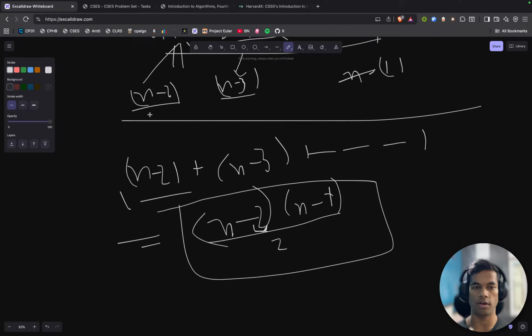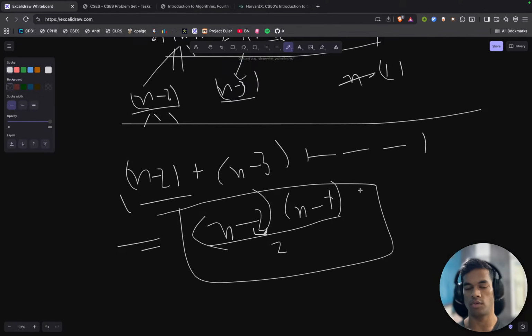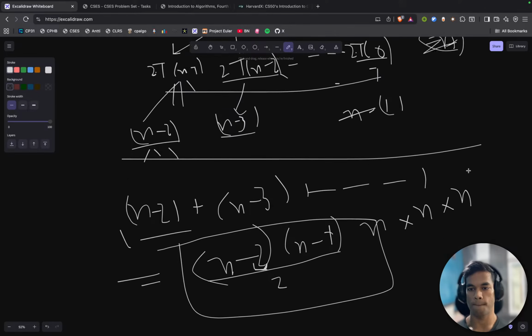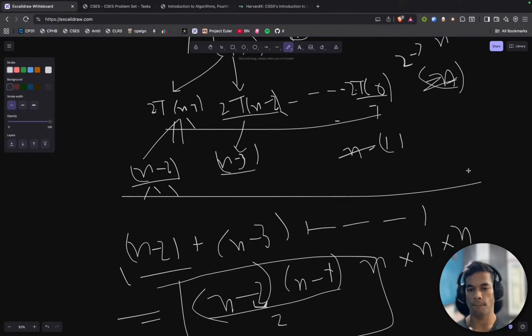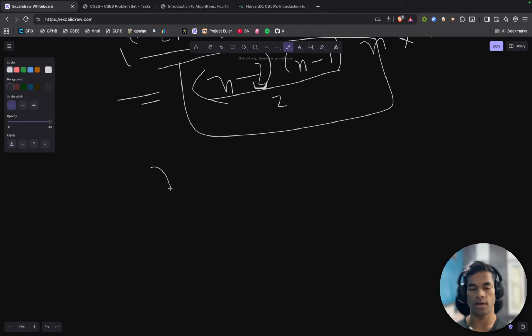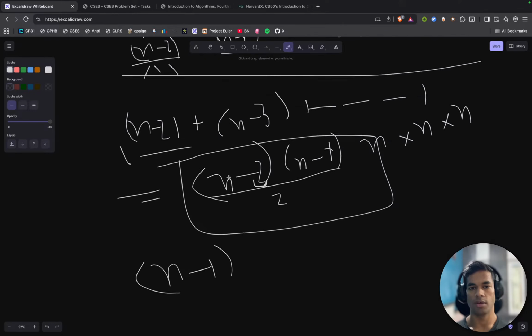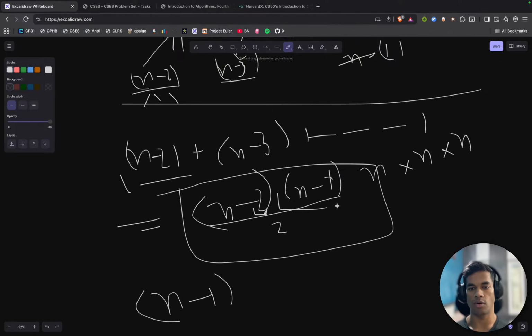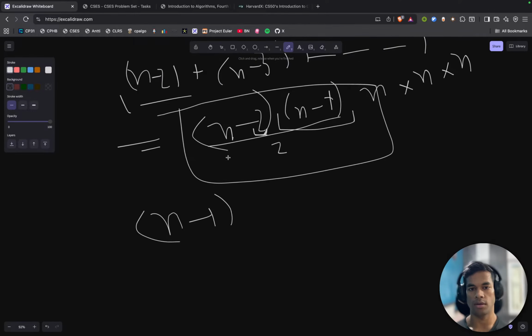But then for the third layer we would have a lot of things. This is going to be almost multiplied by 2 by n. So at the first layer we had n minus 1 calls. Then in the second layer, those n minus 1 calls in total had this many function calls, which we can say is like n minus 2 divided by 2.